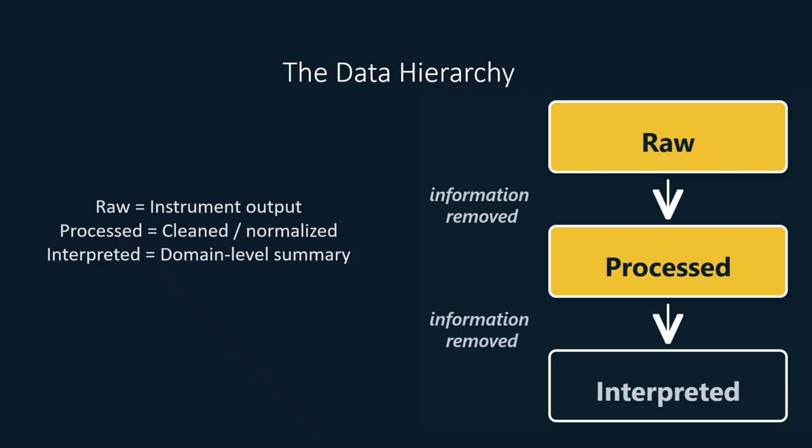This is the direct output of an instrument before any cleanup or interpretation. Next is pre-processed data. This is where signals are cleaned, normalized, aligned, or summarized, so they are useful for analysis.